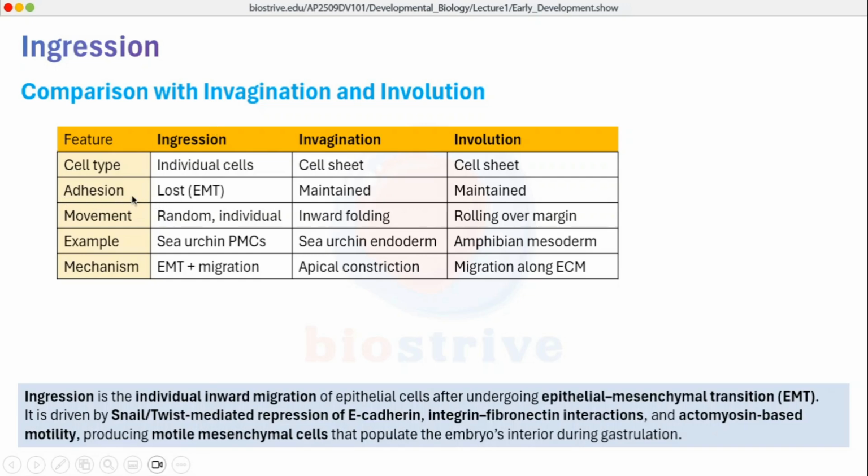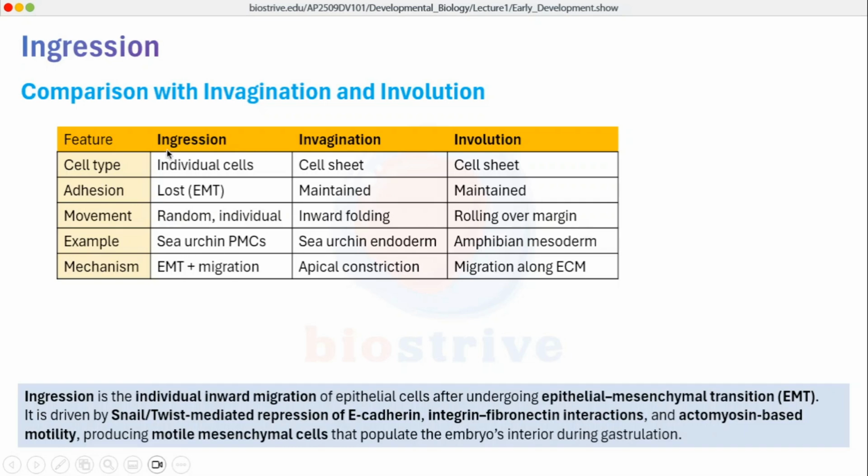So the adhesion type is loss of adhesion, and there will be epithelial mesenchymal transition, whereas adhesion is maintained in invagination and involution. The movement is random or may be individual.